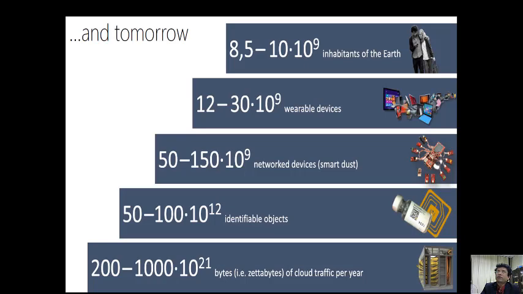Tomorrow we are expected to have 8.5 to 10 billion inhabitants of the earth, 12 to 30 billion wearable devices, and 50 to 150 billion network devices, or 10 to the power of 12 identifiable objects, or 2000 zettabytes, 10 to the power of 21 bytes, of cloud traffic per year is expected. So that's the scale of things we are talking about.